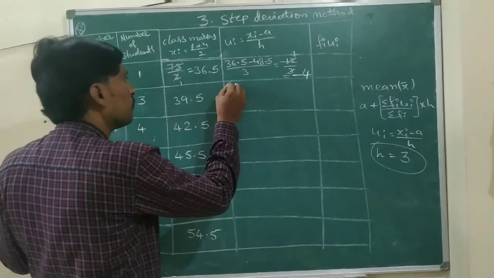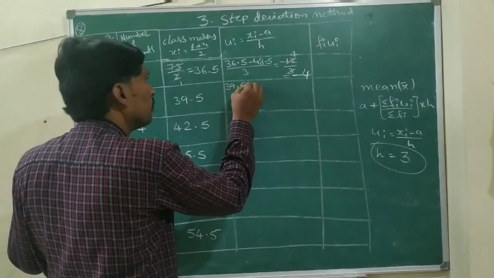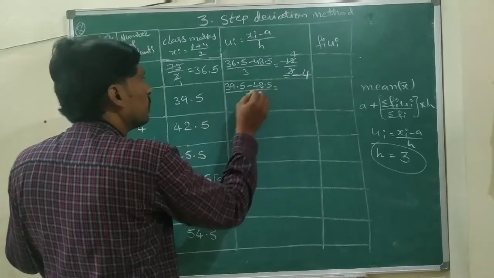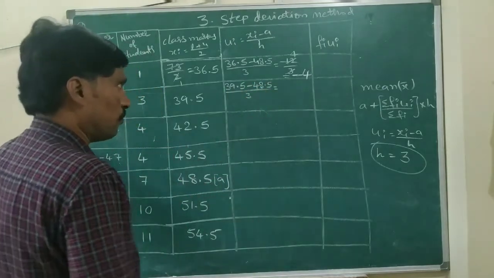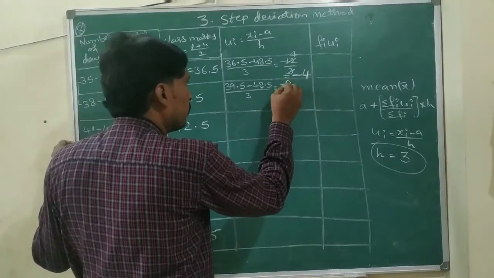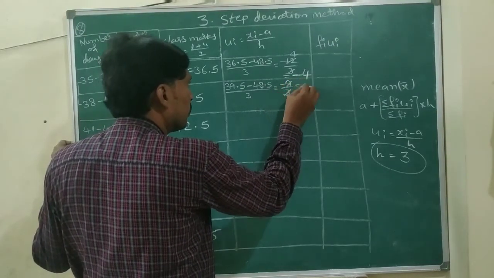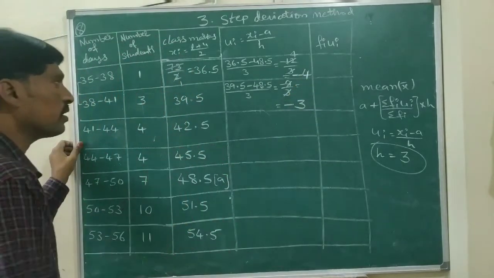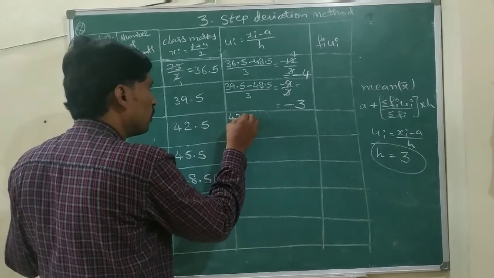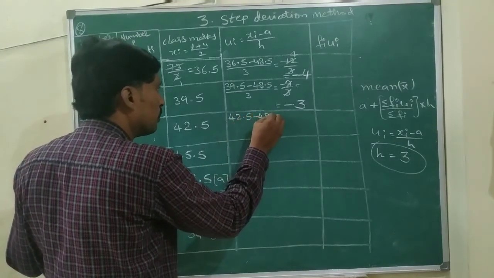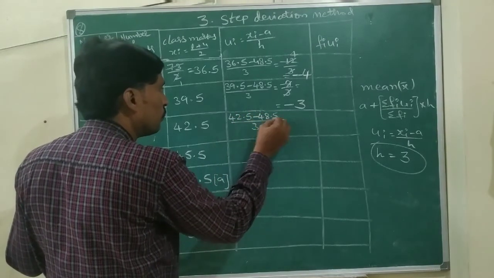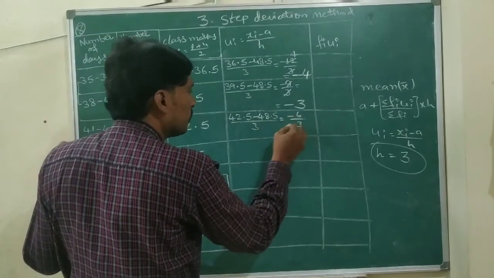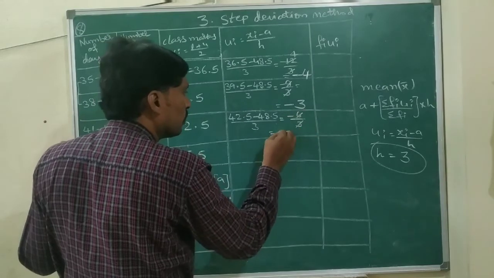For the next class interval, 39.5 minus 48.5 by 3. 39.5 minus 48.5 is minus 9, by 3, we get minus 3. The next class mark is 42.5 minus 48.5 by 3, which is minus 6 by 3, that equals minus 2.